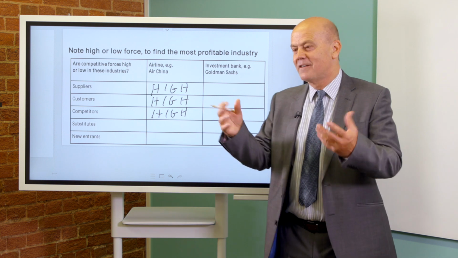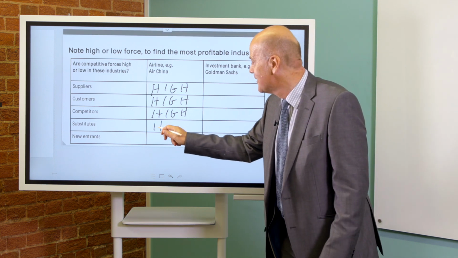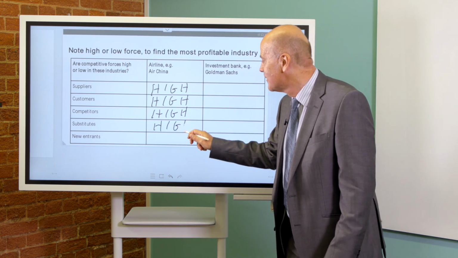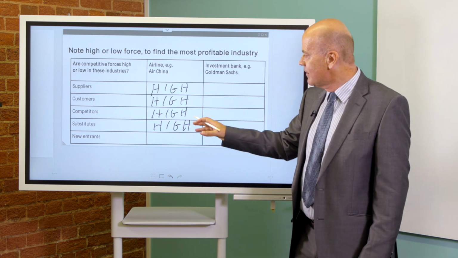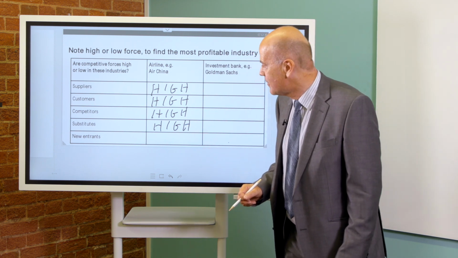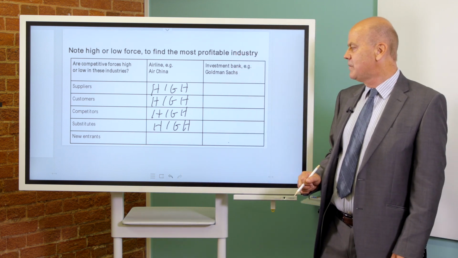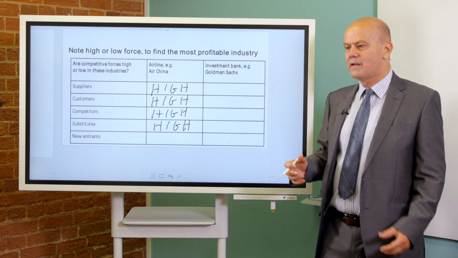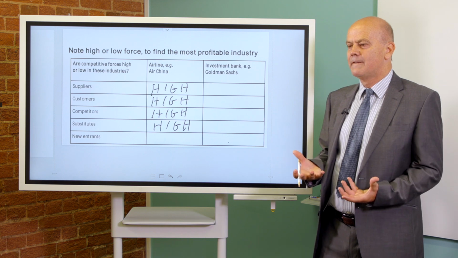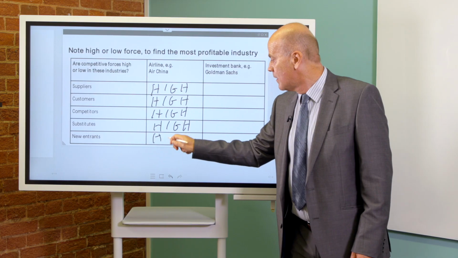Well, I could take my car, couldn't I? So I've got choice. So yeah, a lot of high competition here. What about new entrants? Do we think there's a possibility of having new airlines being created? Yeah, definitely. There's always new airlines. Yeah, there is.